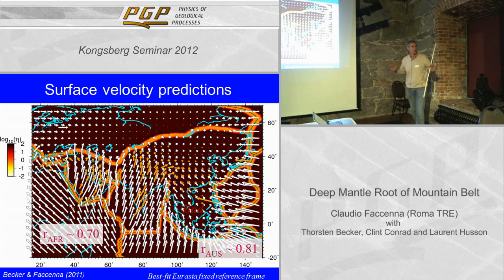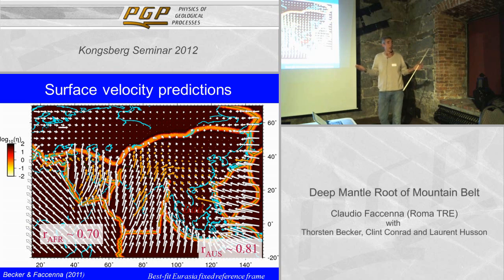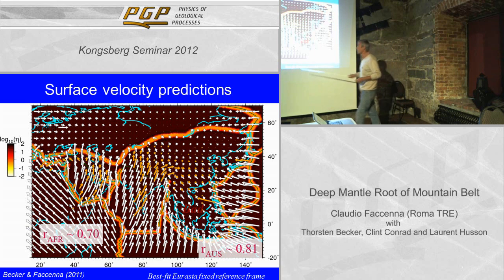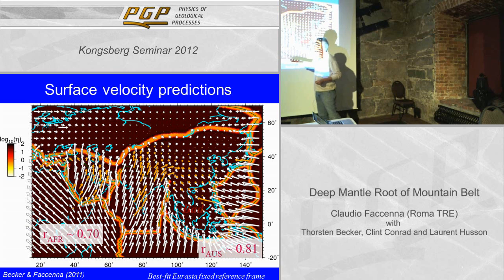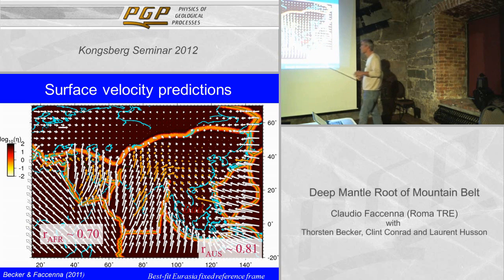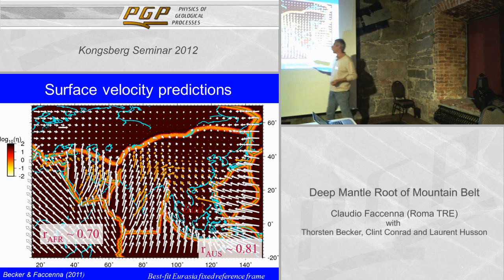Those models are very crude in a way, just to see what the main driving mechanisms are. So Africa is not working, really, it's going in the wrong direction. Australia also is not really working, but we tested that the influence of this plate, which is moving pretty slowly in our case, doesn't make a big difference in terms of interaction with Arabia and Africa.